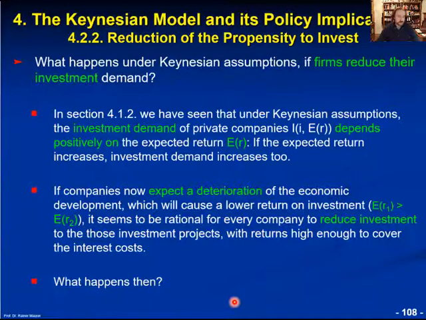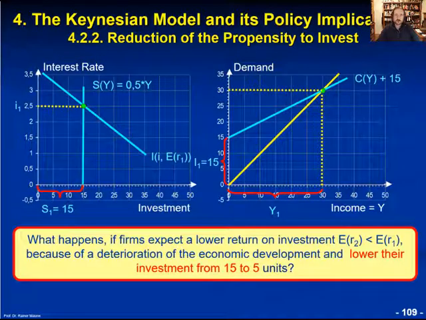What happens if firms practice this seemingly rational behavior? Let's assume that firms lower their investment from 15 to 5 units. We start this analysis again with a general market equilibrium where GDP equals a level of 30 units, as we did to analyze the consumption shock.